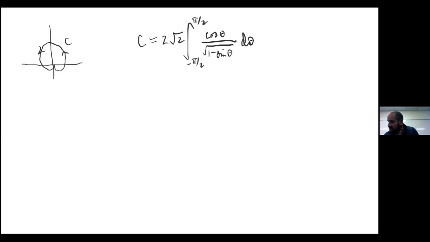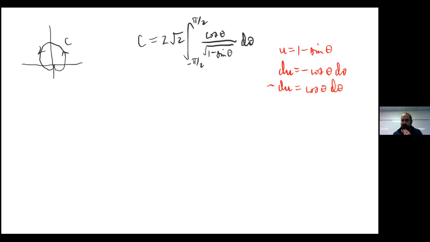U sub. Okay, what am I going to put u equal to? Yeah, 1 minus sine of theta will do the job. Du is negative cosine of theta d theta. Oops, I can fix that by saying negative du is equal to cosine of theta d theta. Okay?